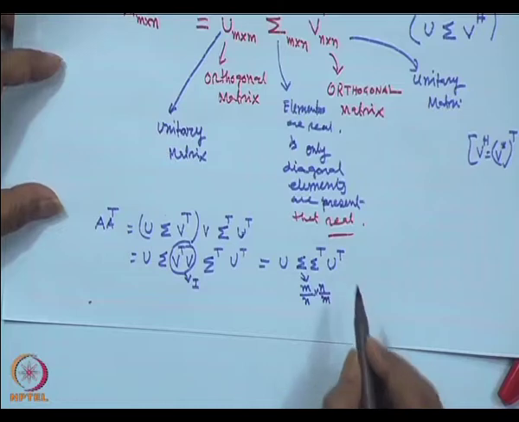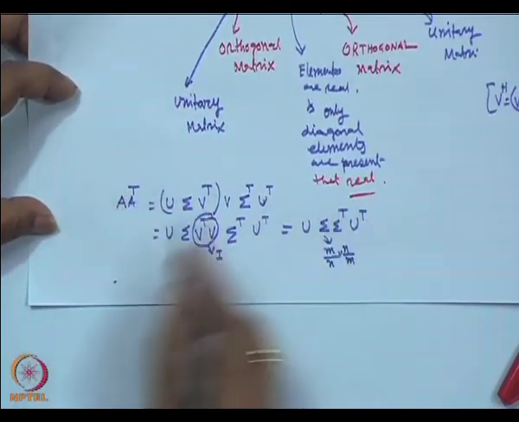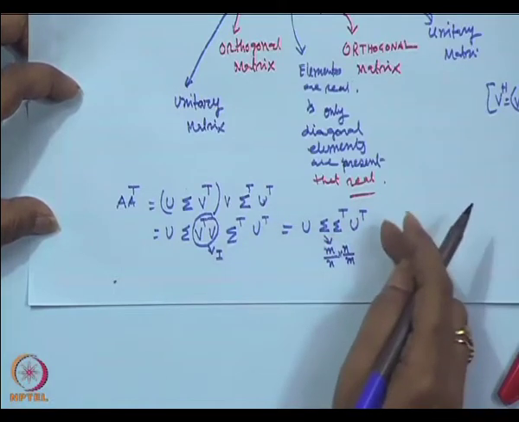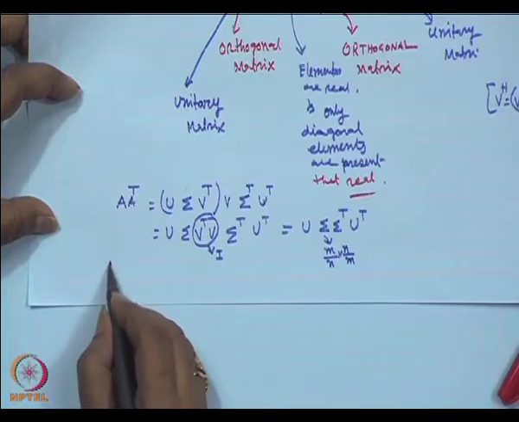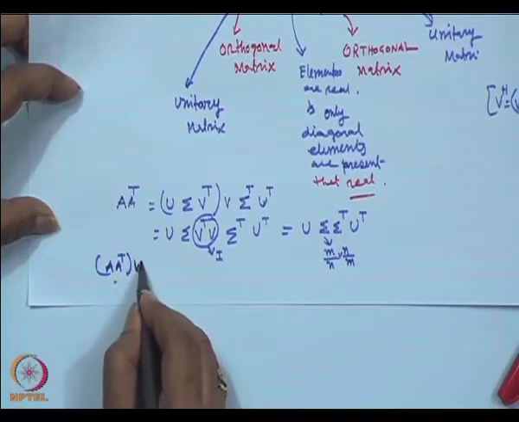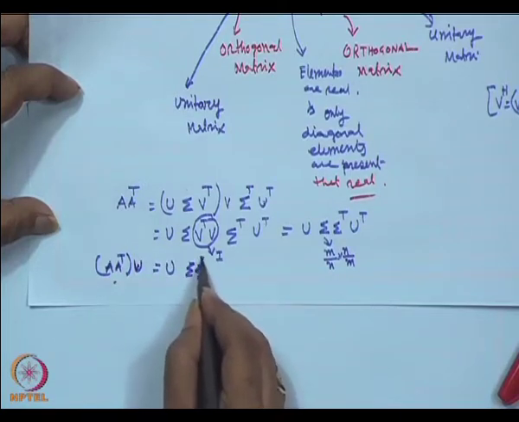So, what can you write? This, pre multiplied or post multiplied by U, gives A A transpose U equal to U sigma sigma transpose.